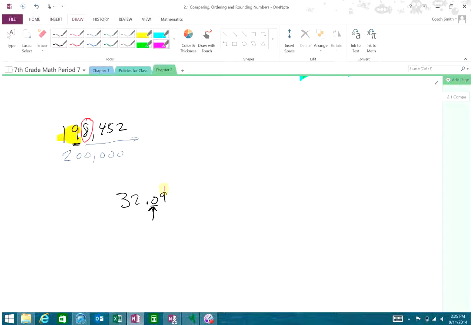We circle this number here. That number is greater than 5. So I add 1 to the 0. 0 plus 1 would be 1. So that would be 32.1.